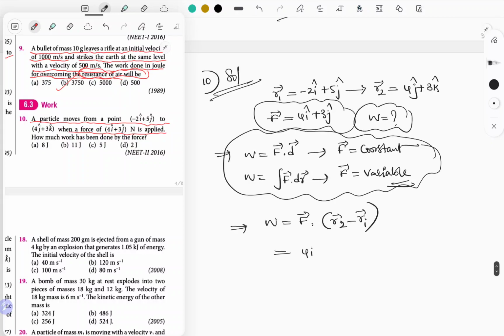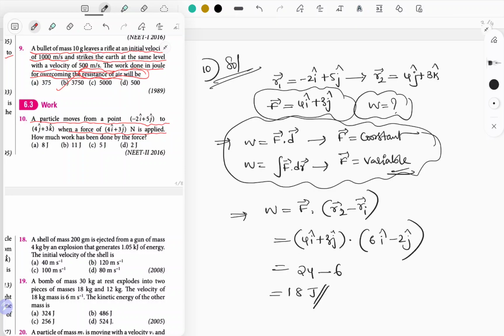F bar is 4i cap plus 3j cap dot R2 bar minus R1 bar, that is 4 minus minus 2, 6i cap, 3 minus 5j minus 2j cap. Dot product of these two, 24 minus 6. Answer is 18 joules. Which option?